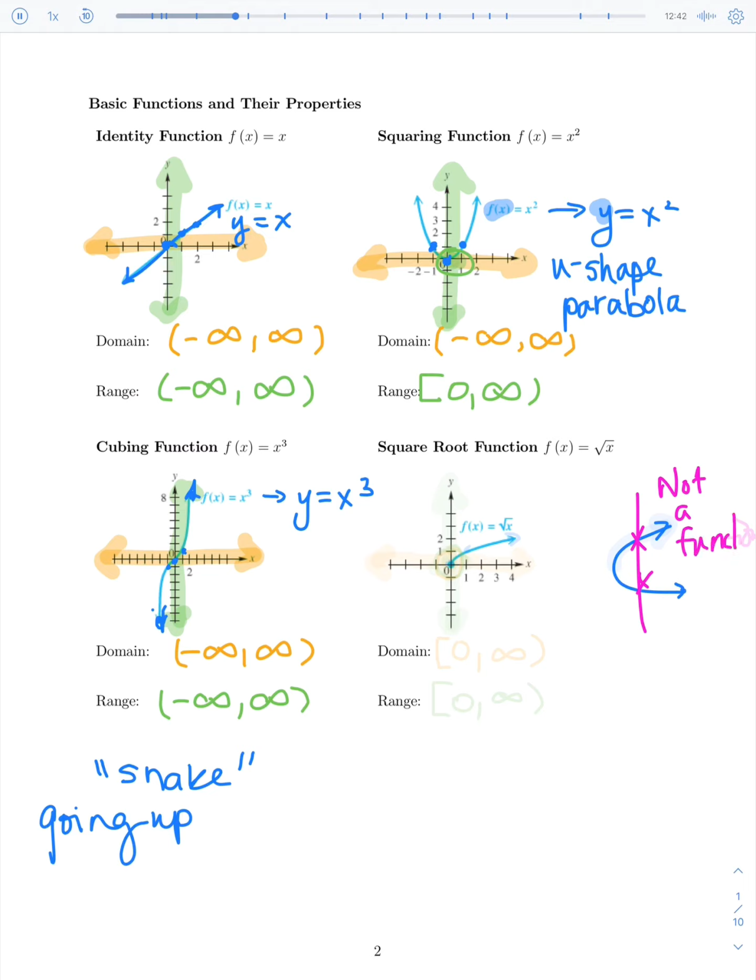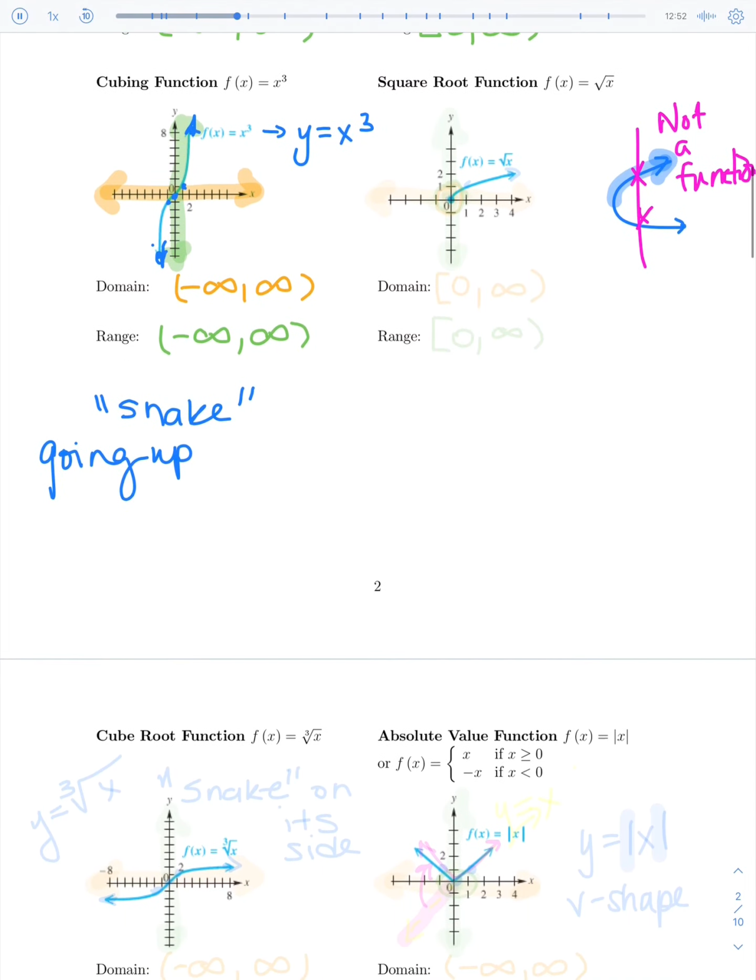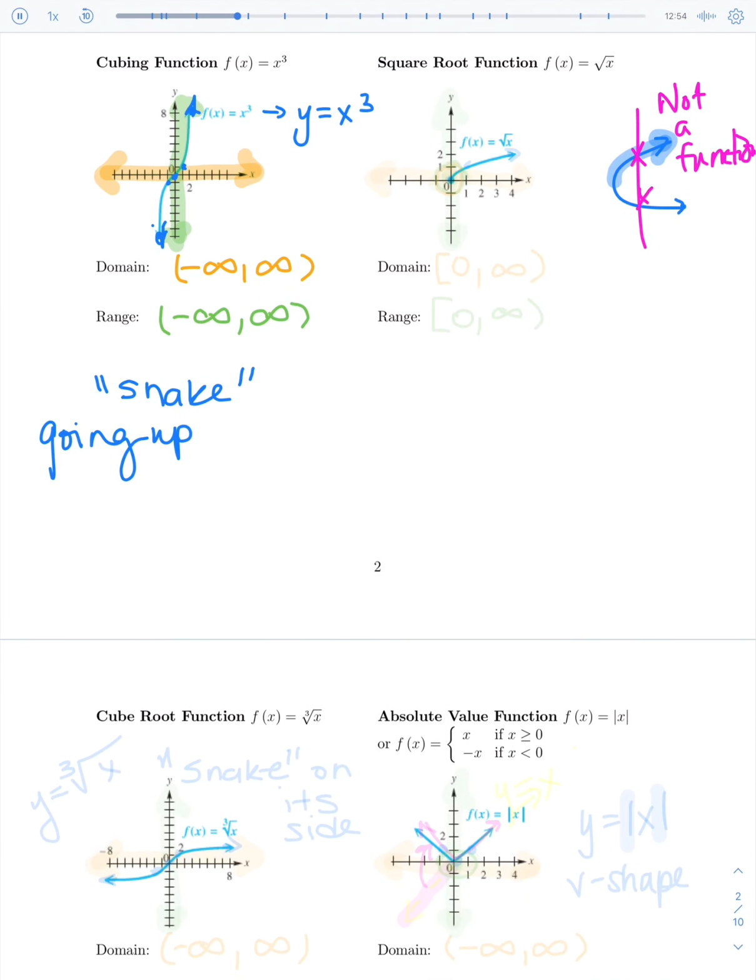So when we look at the square root function, we're only actually going to look at half of the parabola on its side, which goes through (0, 0), (1, 1), and (4, 2), since the square root of 4 is 2.